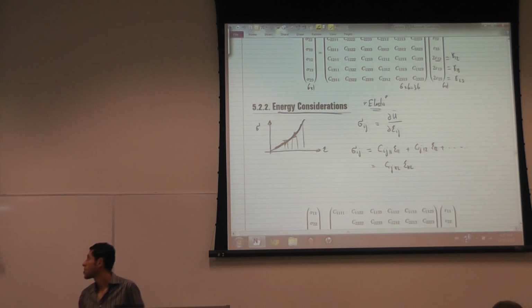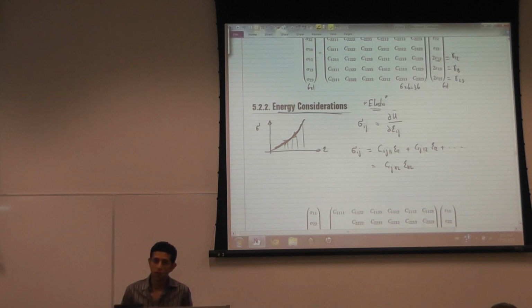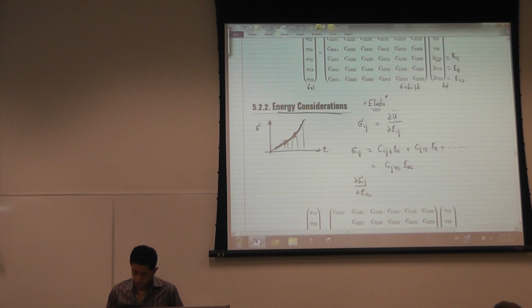There is a summation sign, since k and l are repeated. And I'm going to take partial sigma ij by partial epsilon kl. Partial sigma ij by partial epsilon kl will be just a constant Cij kl.